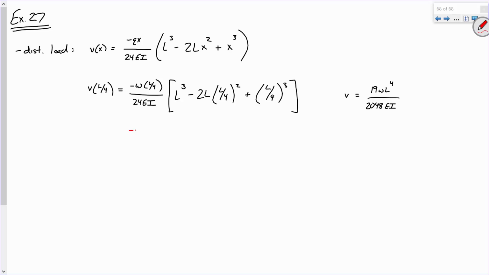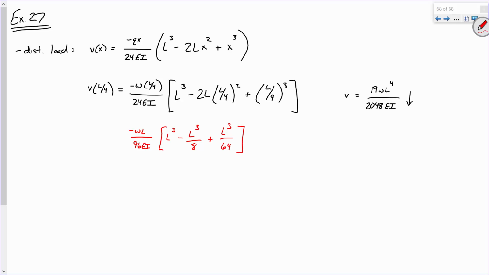We've got minus WL over 96 EI. And I guess what I should do is indicate that that's downward, but that really doesn't matter. But you're going to end up having L to the third minus L to the third over 8 plus L to the third over 64.